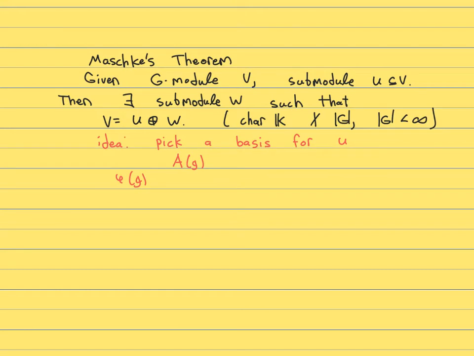You now have a matrix representation for your group. You take a basis for U and then you extend it to all of V. And so then you have a matrix representation for your group. And moreover, it's going to be some sort of upper triangular business.